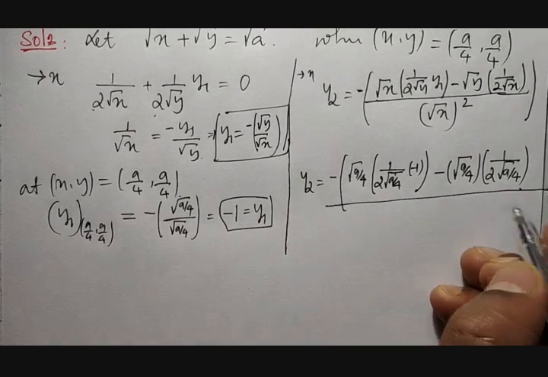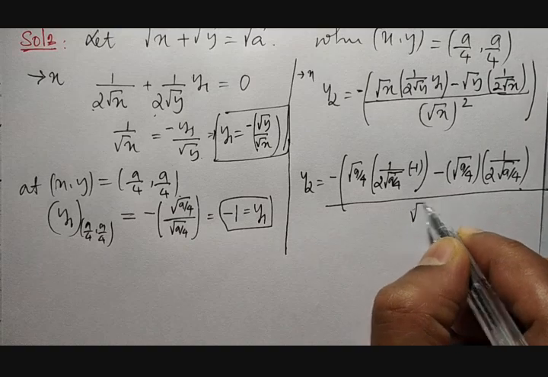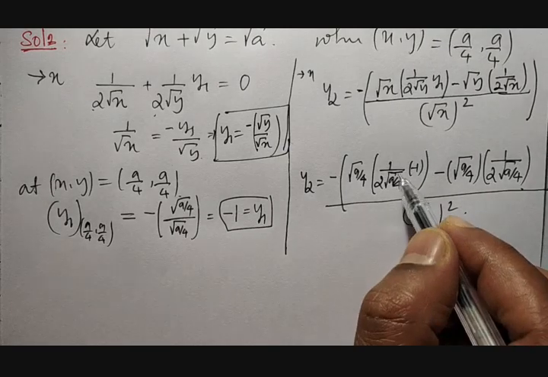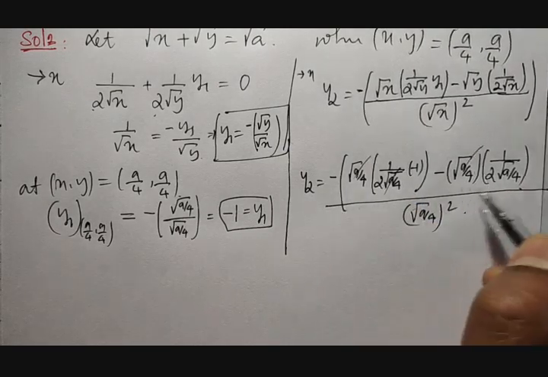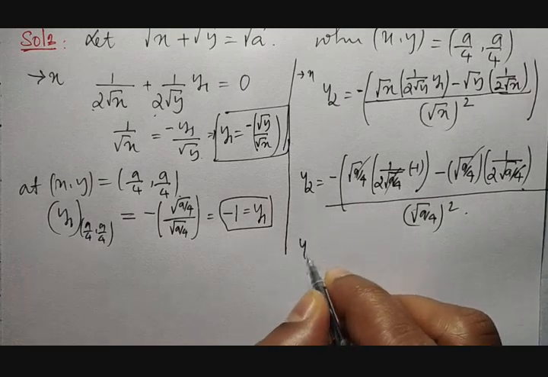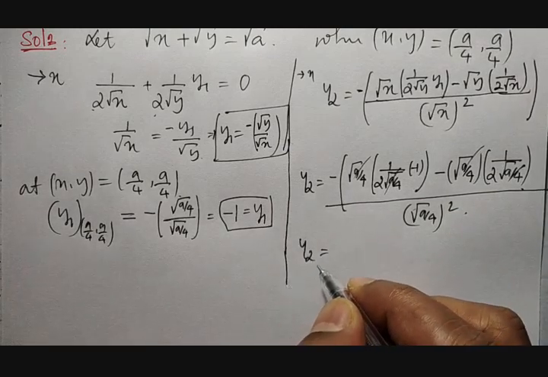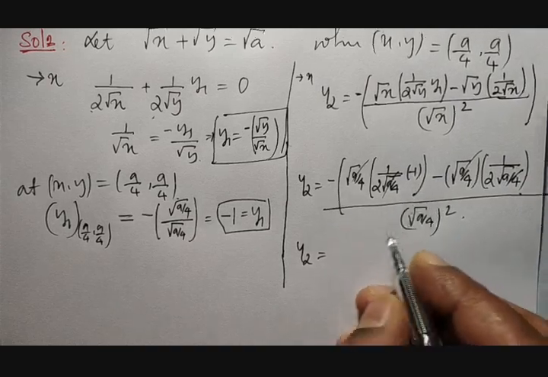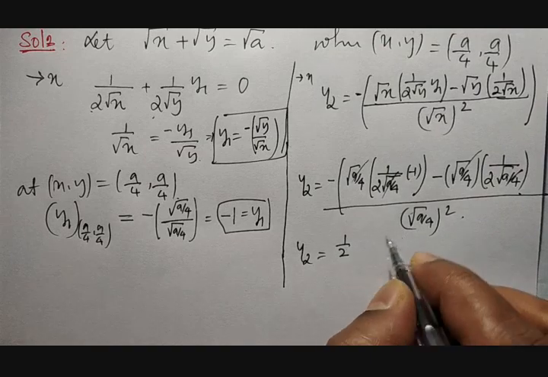This whole thing divided by root a by 4 the square. Here we can see a by 4 gets cancelled, a by 4 gets cancelled. Therefore, y2 is equal to, here it is minus of minus plus 1 by 2.